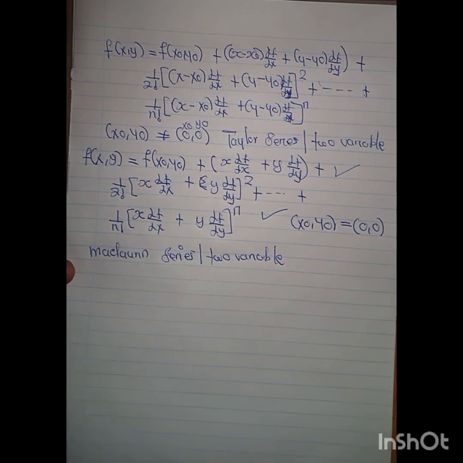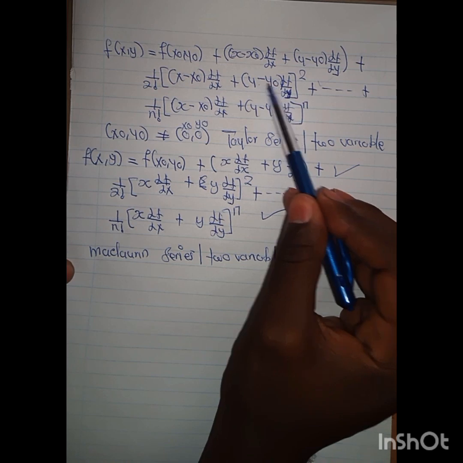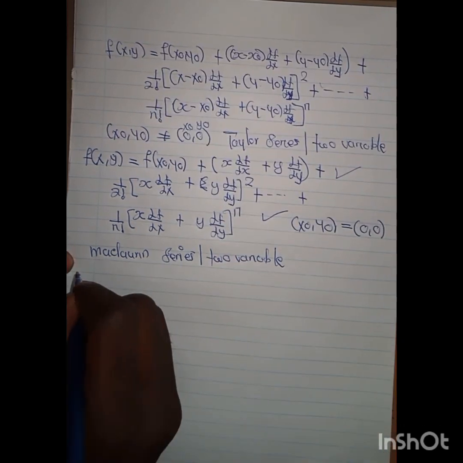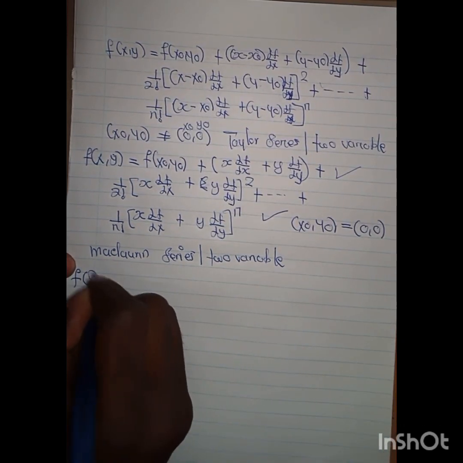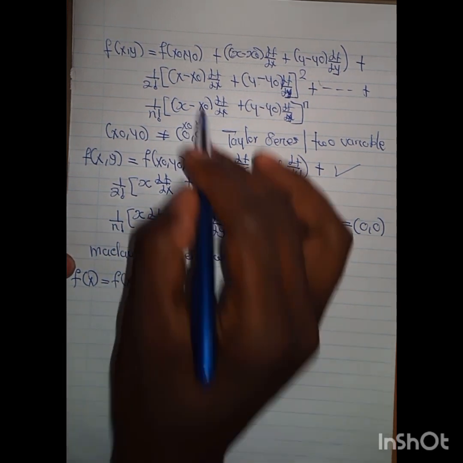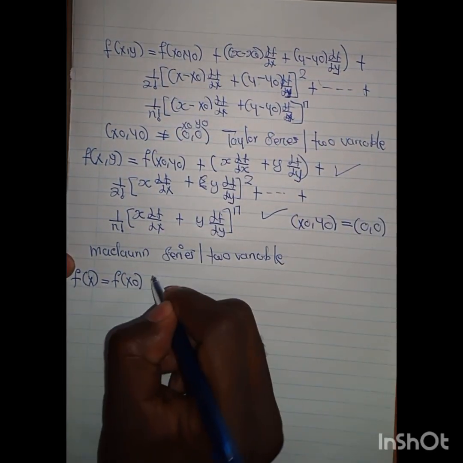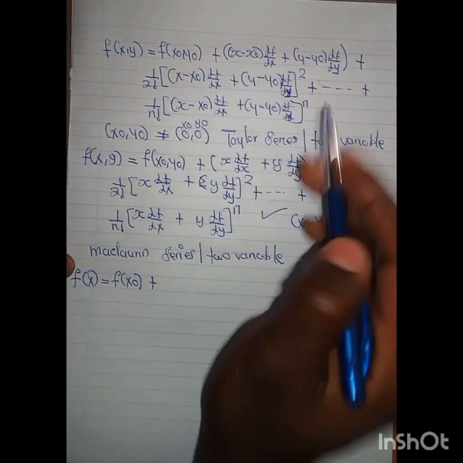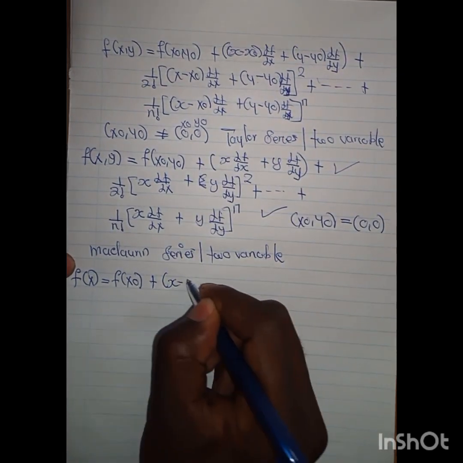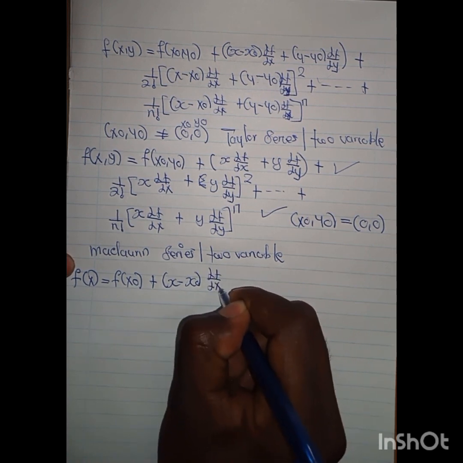Then how about when we go into a single variable? If we focus on a single variable, everything that contains the variable y should be eliminated out of this equation. So now we'll have f of x given by f of x0. Y this time around should be eliminated because we focus on single variable, plus x minus x0 df dx.